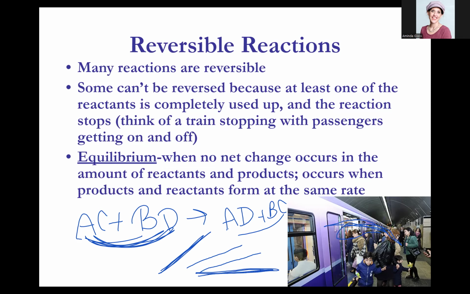You're going forwards as you're going backwards. It doesn't necessarily mean you have equal amounts of product and reactants. It means that you have a constant ratio of product to reactants because it's gotten to be at the same rate where you're forming reactants as you're forming products.